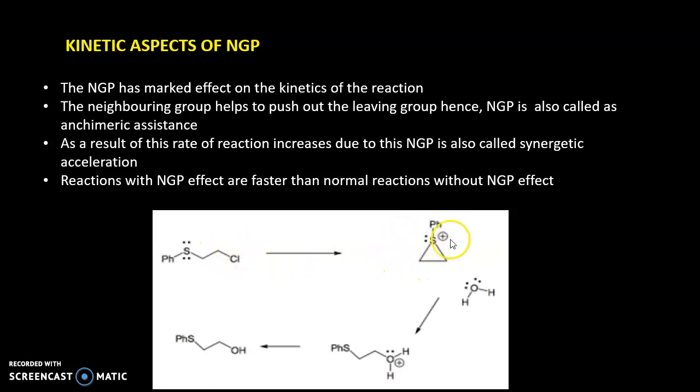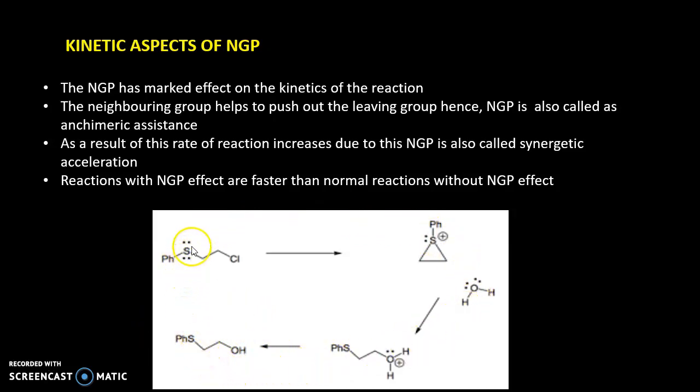We know this is a three-membered ring intermediate, or we call it a bridged intermediate. Now this H2O is the external nucleophile. This attacks here, this bond shifts onto the sulfur, and we get this product. Okay, so this is neighboring group participation.